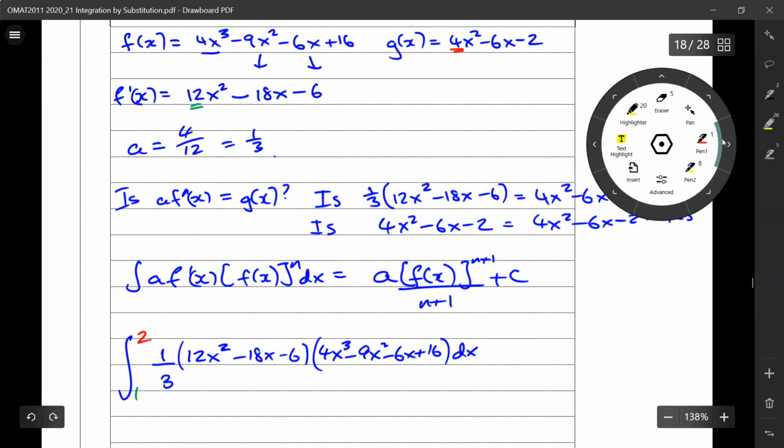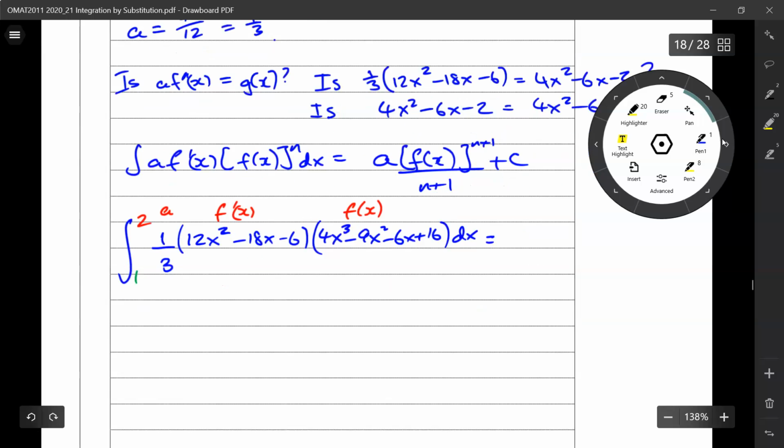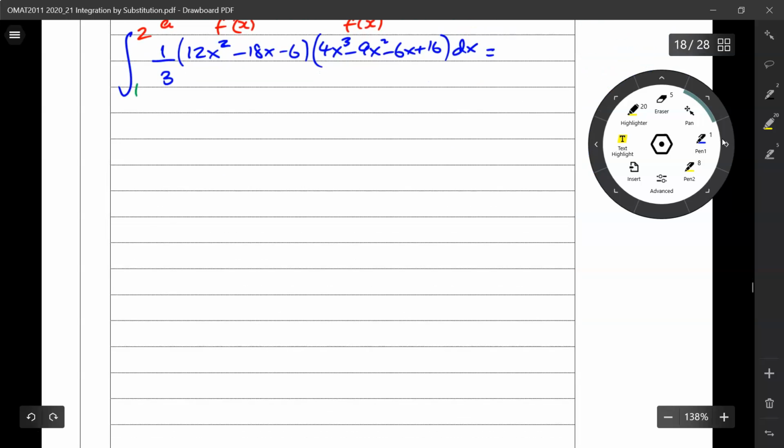So if I write these above it, that's my a, that's f prime at x, and this is f at x. So this is equal to... do I have room down below? Yeah, plenty of room, so I'll write it below.